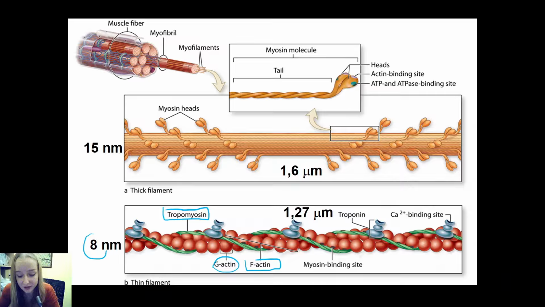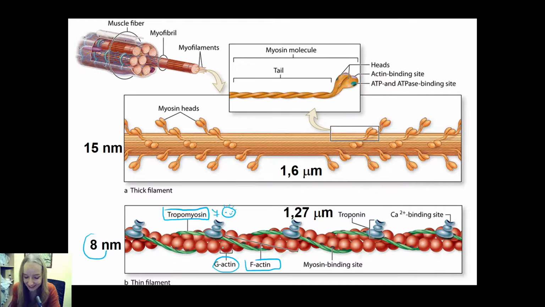But okay, I like it. Never mind. Tropomyosin is a protein that occupies 7 globular heads of G-actin. So it sits on the 7 heads, not human heads, but heads of G-actin.